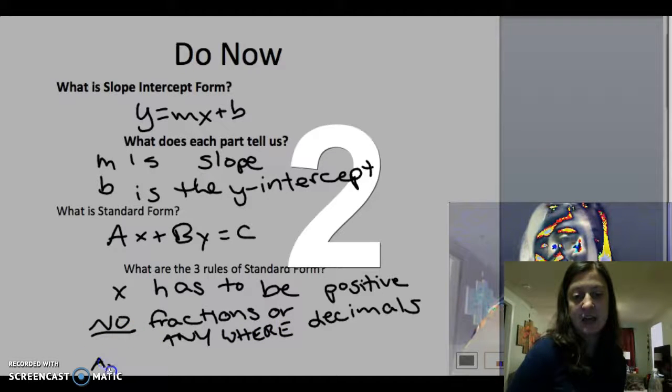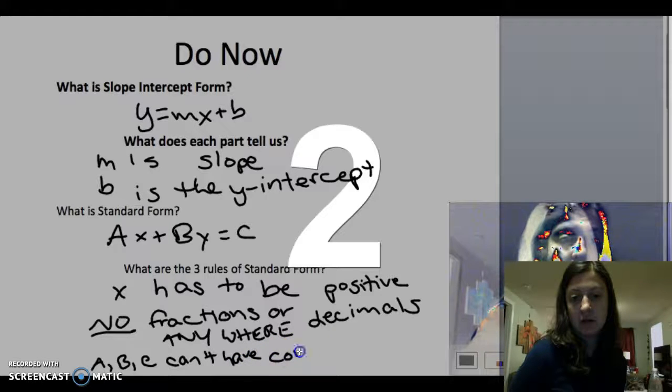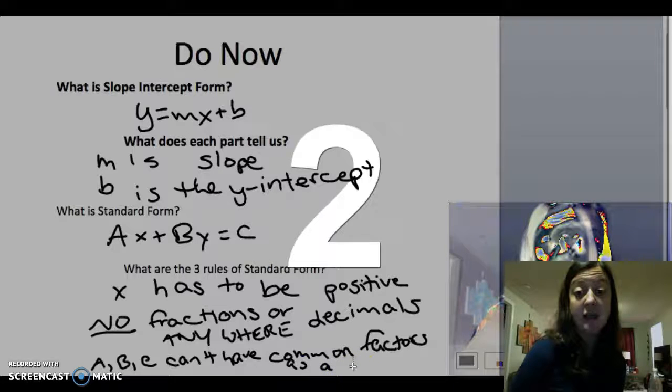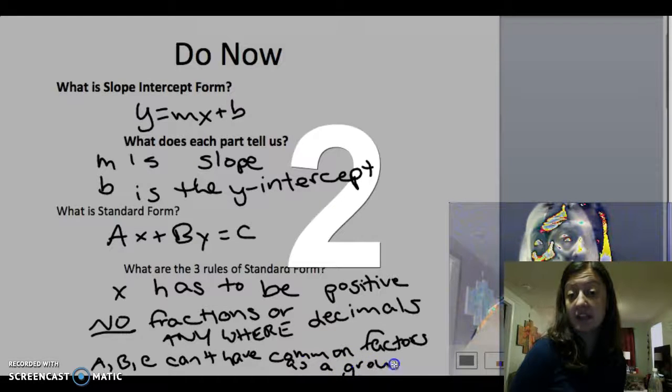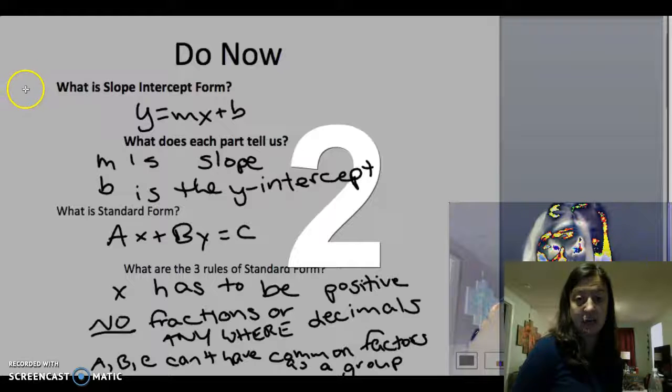And A, B, and C can't have common factors as a group. So they can't all have common factors as a group. That means A and B could have a common factor, or B and C, or A and C, but all three of them together can't have a common multiple.